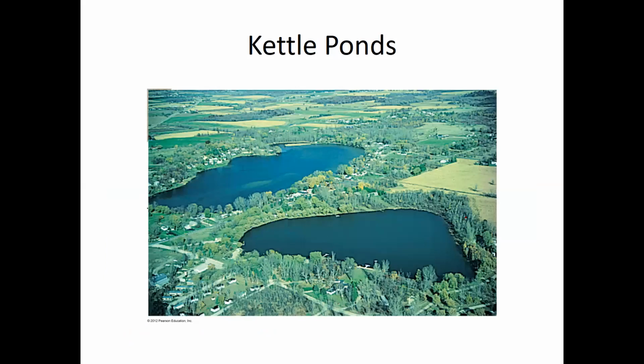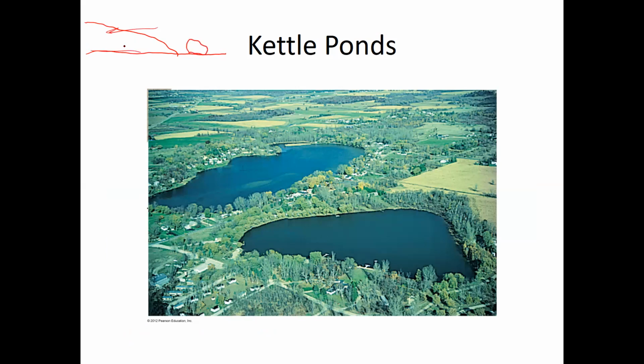So what glaciers leave behind, they also leave behind these kettle ponds. Kettle ponds are actually very interesting in how they form. So as a glacier is retreating, right, so this is an ice sheet or an Alpine glacier. As it's retreating, chunks of ice will break off and be left behind.